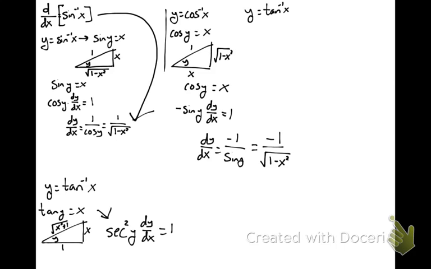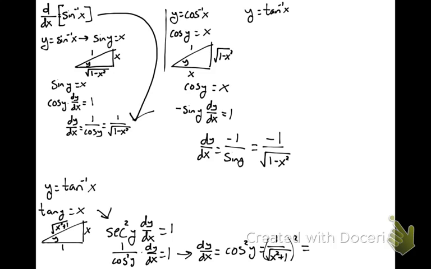Recall that secant y is the same as 1 over cosine y. So this is 1 over the cosine squared of y times dy/dx equals 1, or dy/dx must equal cosine squared y. Well, the cosine of y is the adjacent over the hypotenuse, so that would be 1 over the square root of x squared plus 1, squared, and when you square that, we end up with 1 over x squared plus 1.